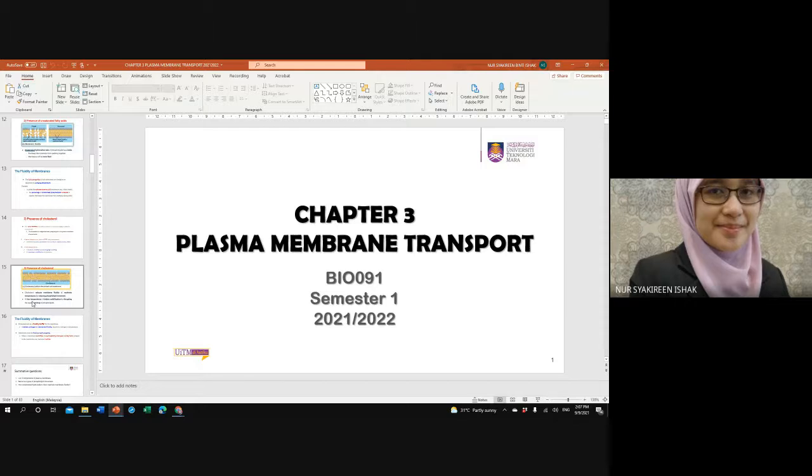So by now you should be able to explain the structure of plasma membrane. Okay, the components of the plasma membrane, the fluid mosaic model. Why is it called the fluid mosaic model? Okay, for example, the main structure of the plasma membrane is composed of phospholipid bilayer, and then you have other components that are embedded in the membrane, where you have the integral protein, peripheral protein, you have the cholesterol, you have the glycoprotein, you have the glycolipids.